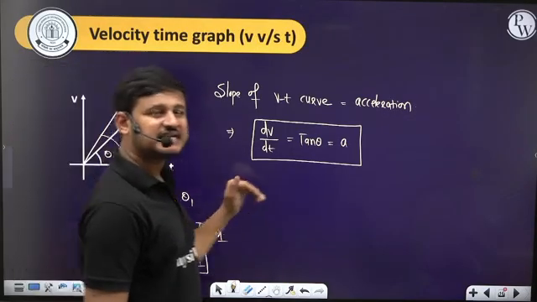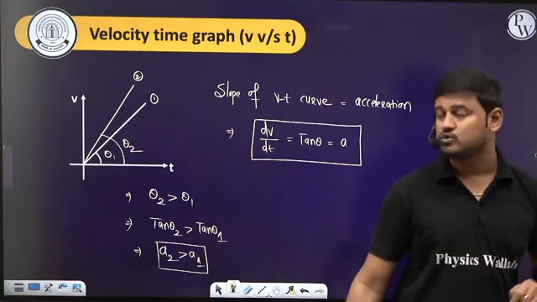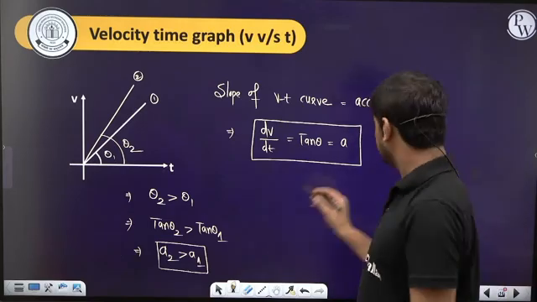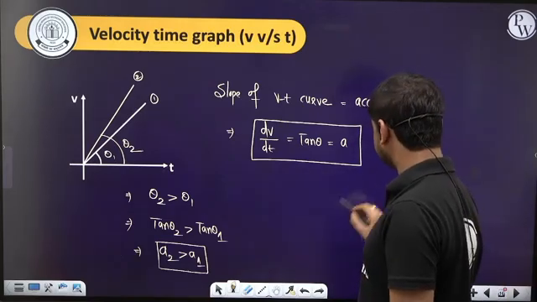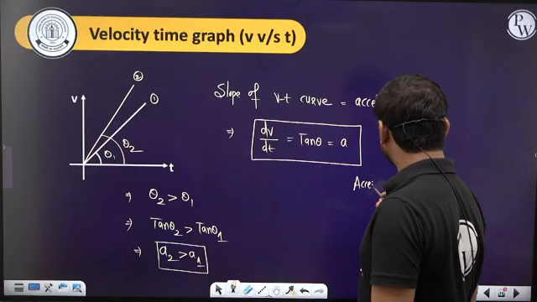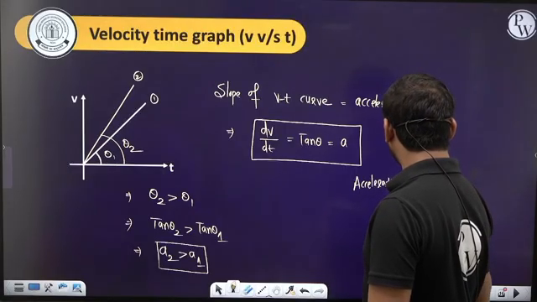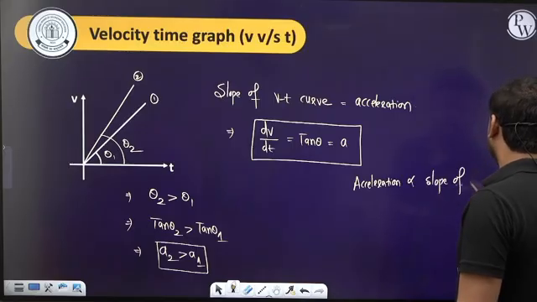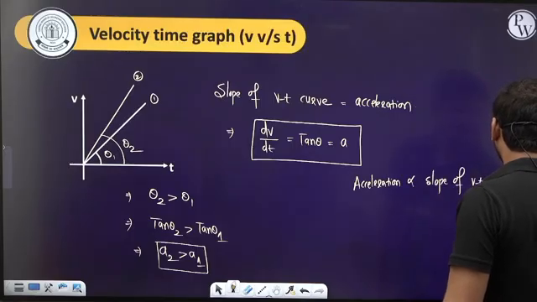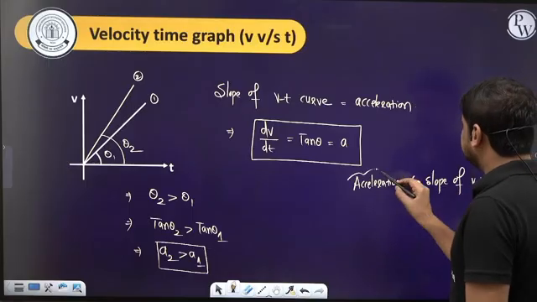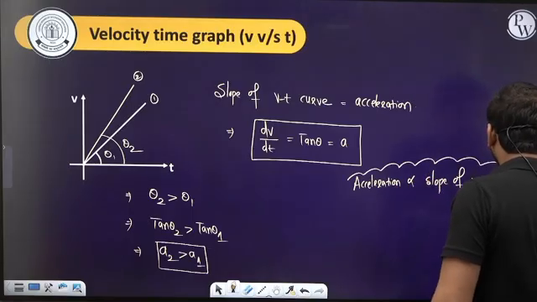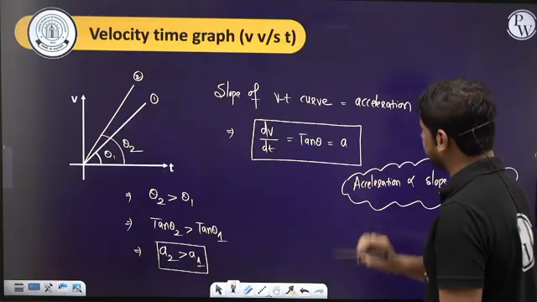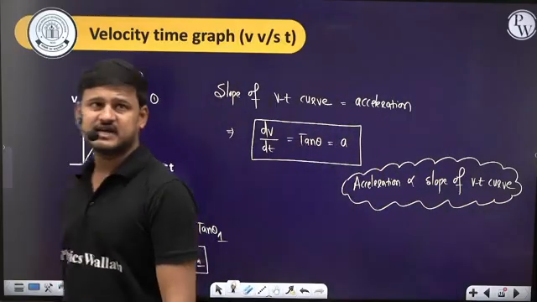So that means the acceleration is directly proportional to the slope of the VT curve. Now you should understand the slope of the VT curve will result in the acceleration. Right? This part is clear, I guess.